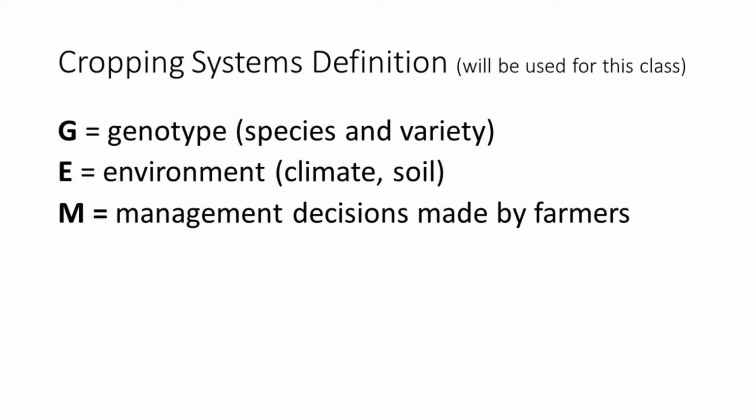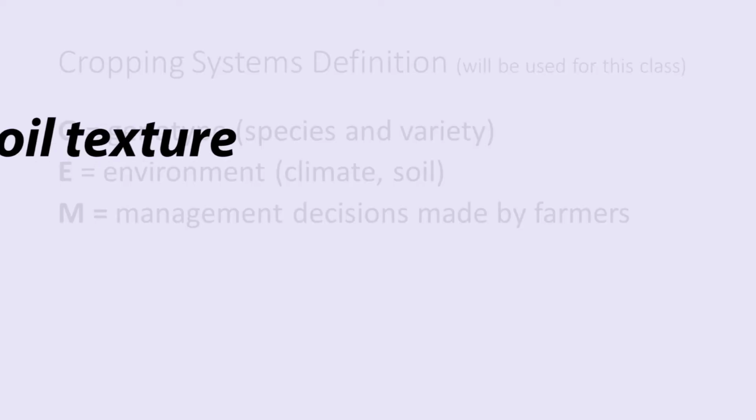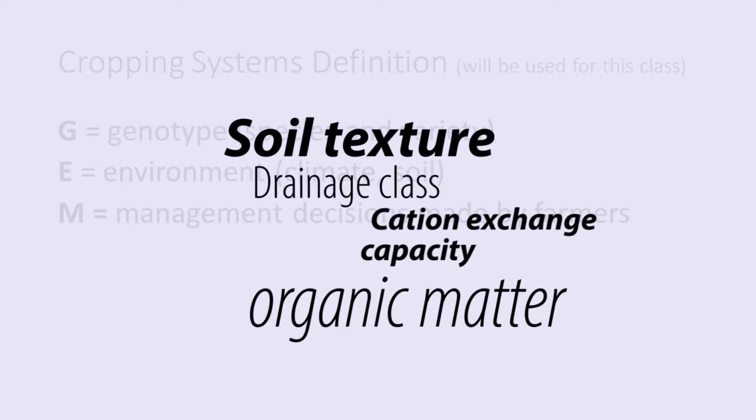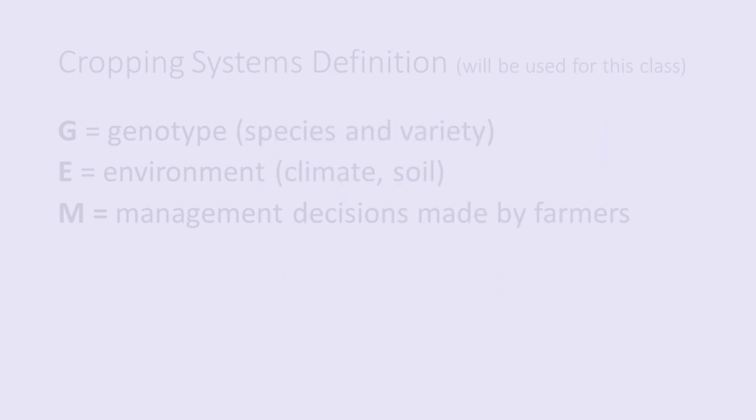Then we have soil attributes, and there's a number of different ones we can talk about. For example, drainage class. So how quickly does water drain through that soil profile? We can talk about things like soil texture. You know, if a farmer is growing crops on a heavy clay soil or a soil that is primarily sandy.